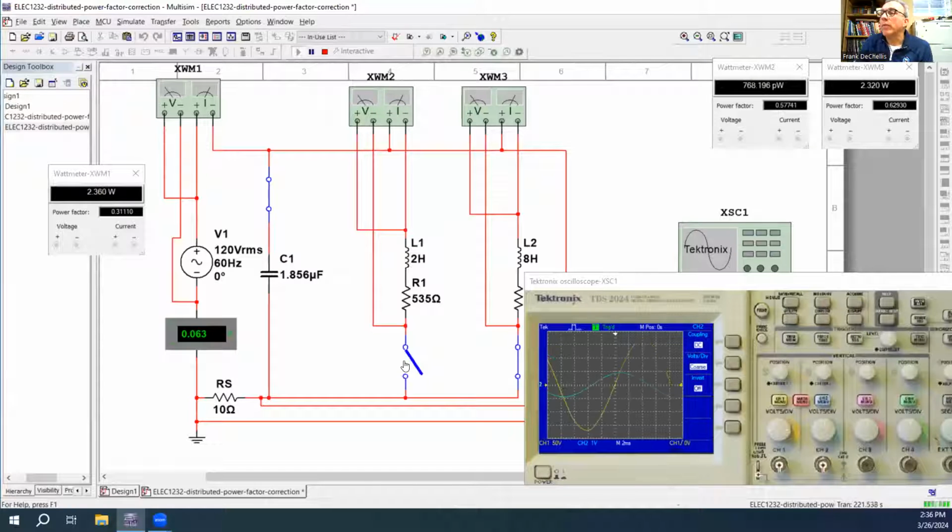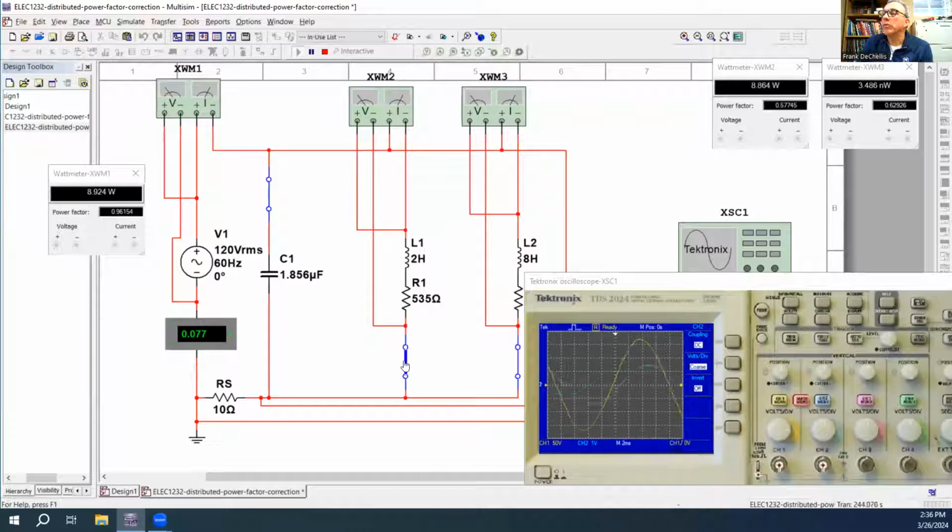Even if I de-energize load 2, my power factor went up to 0.96, which is still lagging, because this takes up most of it. But the problem still lies if we de-energize load 1.